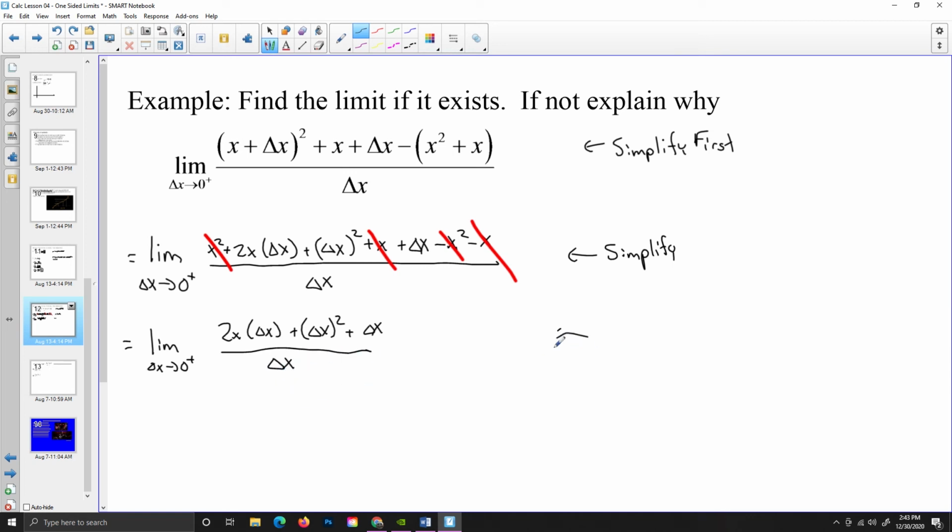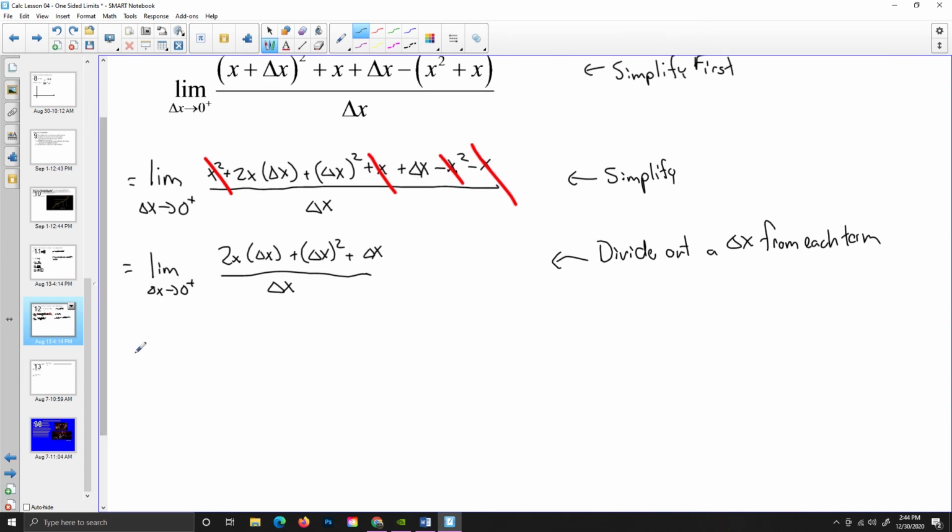Now I can divide out a delta x from each term. And if I do that, I'll get 2x plus delta x plus 1, and it would be all over 1, but we wouldn't do that.